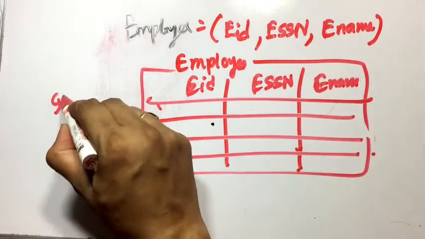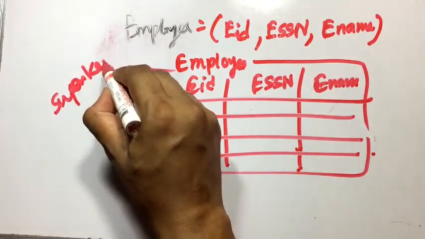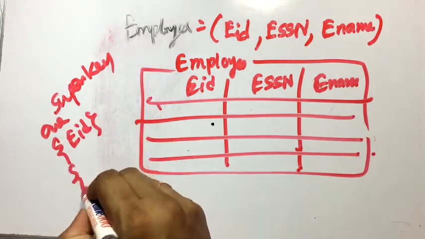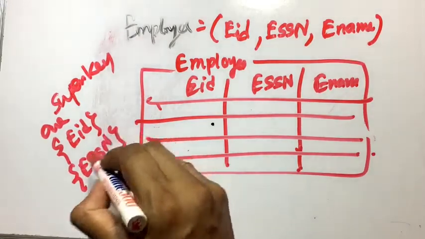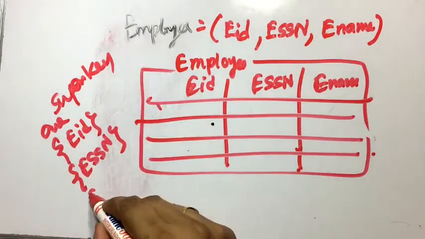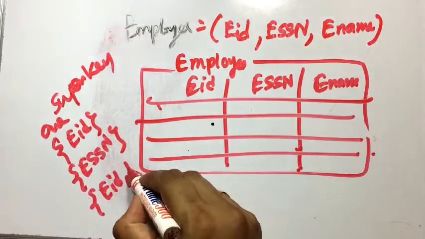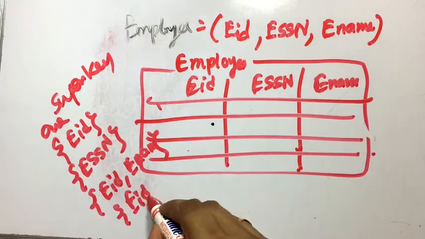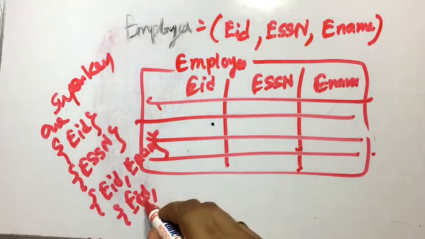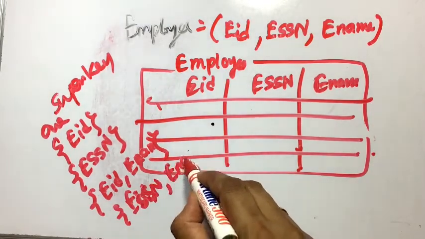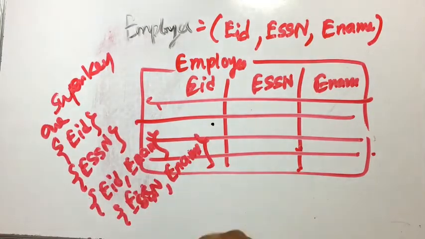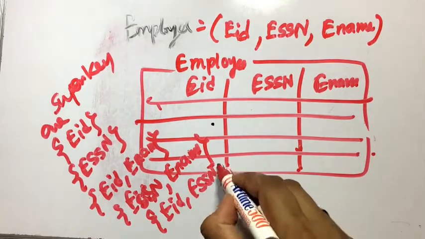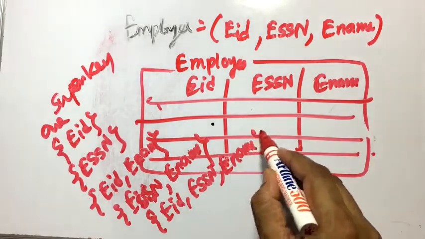Now the super keys are: EID is a super key, ESSN is a super key, EID comma e-name is a super key, ESSN comma e-name is a super key, EID, ESSN and e-name is a super key.